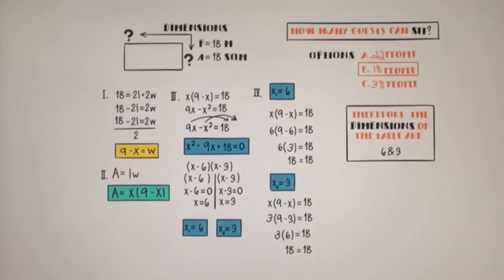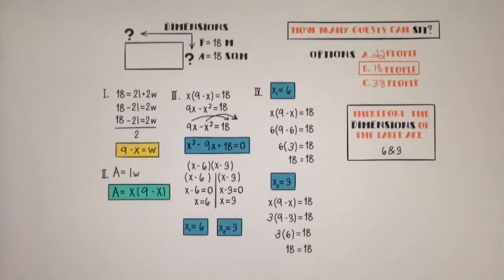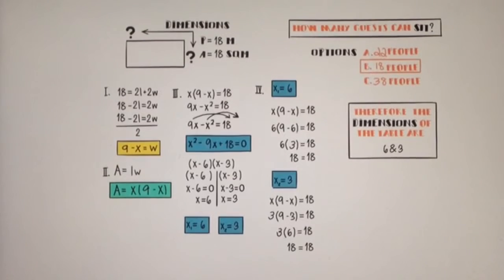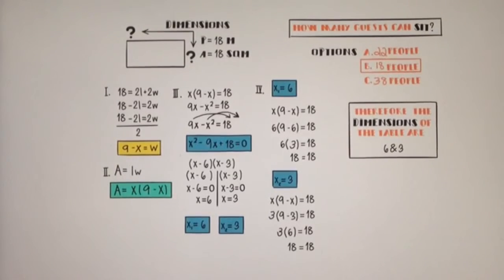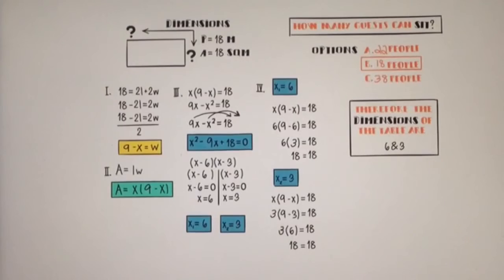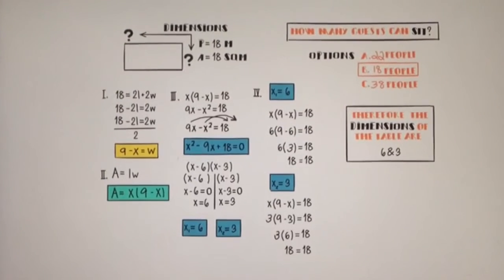That will give us 3 times 9 minus 3 equals 18. 3 times 6 equals 18, and that would give us 18 equals 18. Therefore, the dimensions of the table are 6 and 3, meaning they'd be able to seat 18 people in one table.